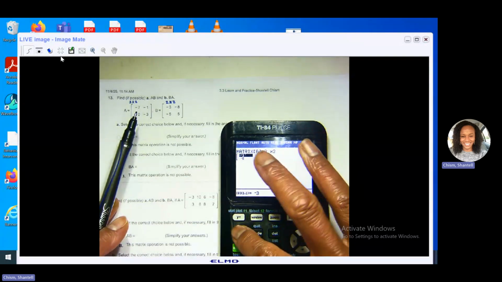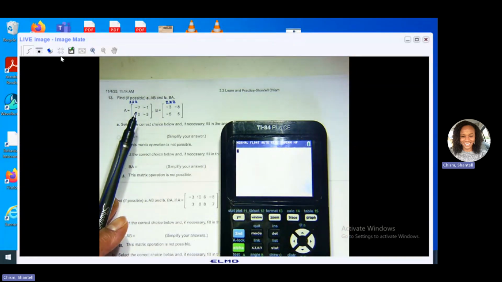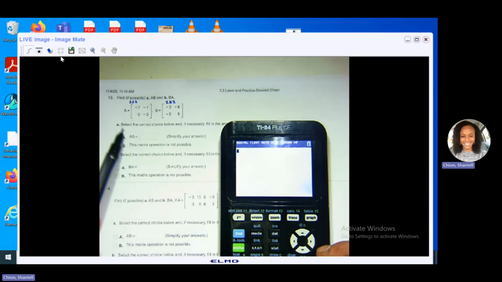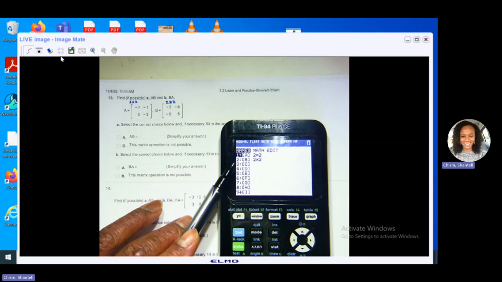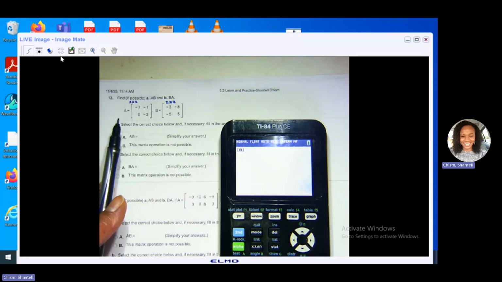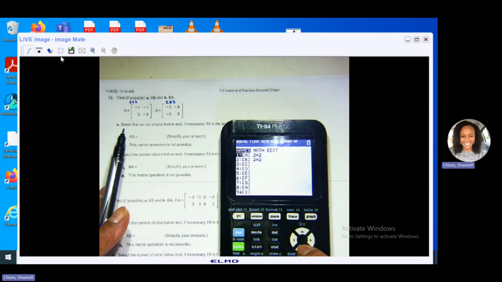I go back to my home screen by pressing second mode to quit. And then I need to just pull up A times B, and then B times A. So second matrix, select A. One is highlighted already. Just select it by pressing enter. And then press second matrix again and go down to B and press enter.